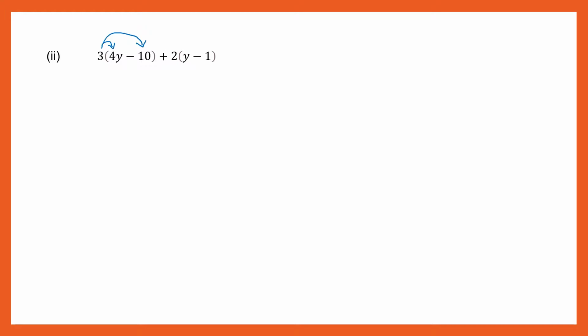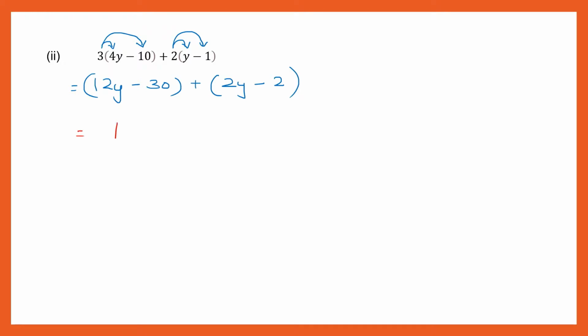3 into 4y minus 10. So let's do that. 3 fours are 12y, minus 3 tens are 30. So we've got this, plus we need to multiply this also, 2 into y and 2 into 1. So 2 into y is 2y, minus 2. Now let's arrange them.